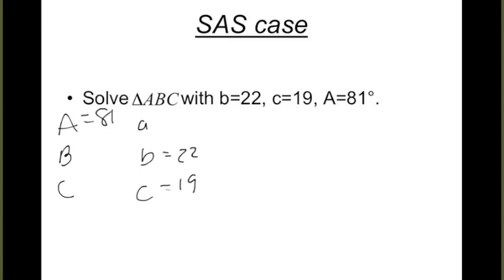So I do not know two angles, so I can't subtract from 180. And I don't know both parts of one letter, so I can't use my law of sines. So this is where law of cosines becomes necessary. I want to use the law of cosines that has the little a alone, since that's the one that I'm trying to solve for.